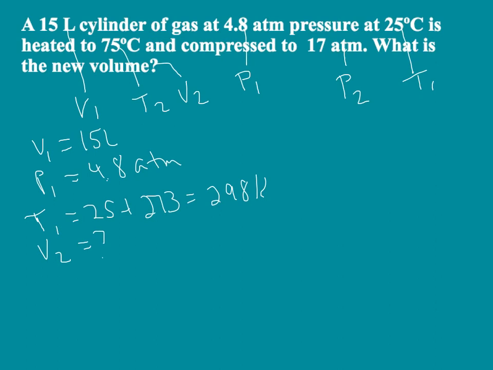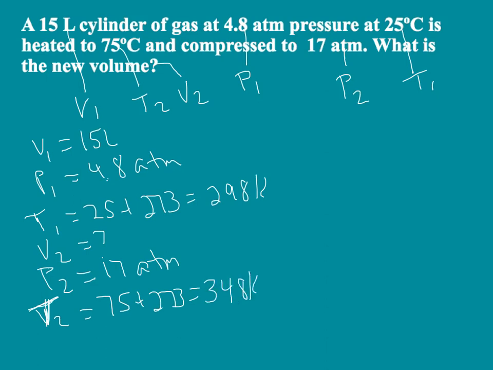We don't know what it is. We have pressure 2, which is 17 atm. And it has a temperature 2, which is 75 degrees, which we need to add 273 to get 348 Kelvin.